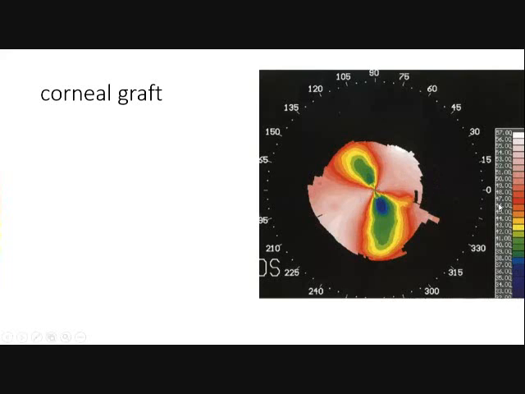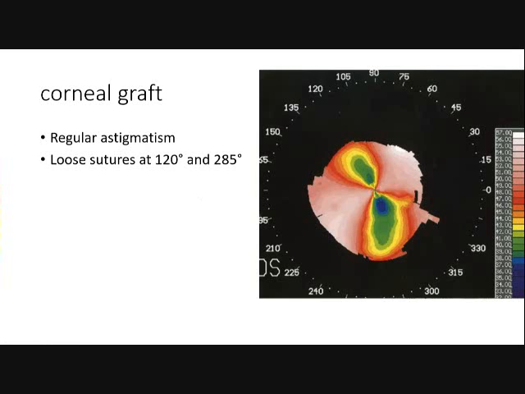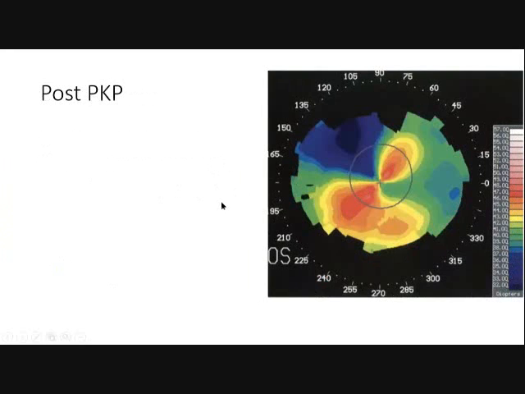So the steepening is at 15 degree and 195 degree. These are the cool colors. So cool colors mean the sutures are loose. So sutures are loose at 120 degree and 300 degree. Right, so this is a regular astigmatism, and the loose sutures are at 120 degree and 285 degree.